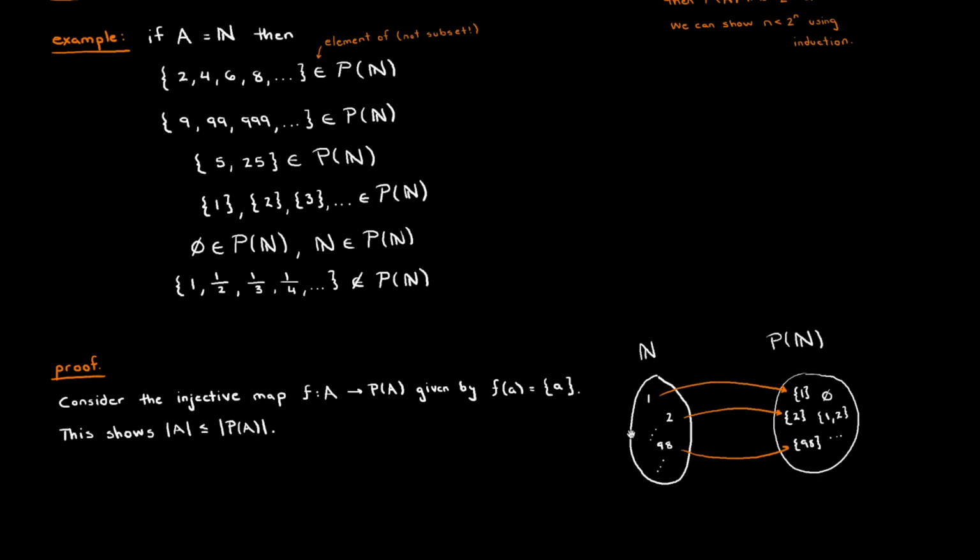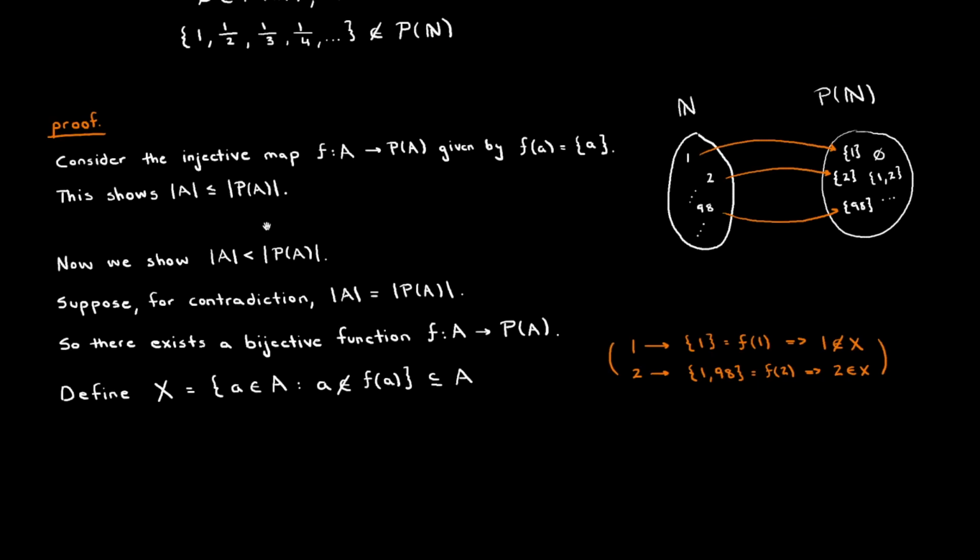So we can see all the natural numbers are getting mapped onto something in our codomain. But there are elements in our codomain that don't have a preimage. For example, the set {1, 2}, the empty set likewise has no preimage. And so this is just an illustration to show that the cardinality of N is less than or equal to the cardinality of the power set of N.